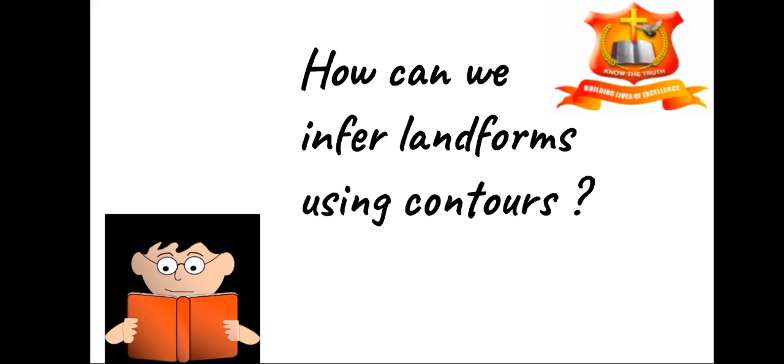But when we see all these things on the map, then how will we identify them? There is only one way: to see the contour lines. Got it? So here we are going to discuss how we can infer landforms using contours.